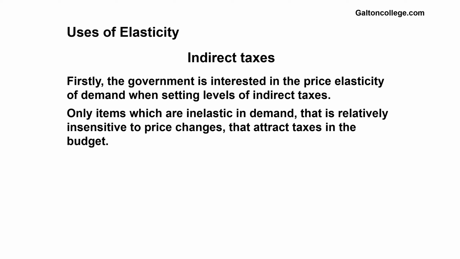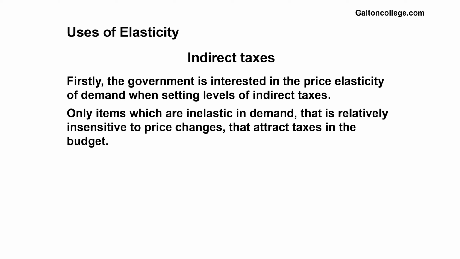Only items which are inelastic in demand, that is relatively insensitive to price changes, attract taxes in the budget. The government does not just impose a tax on some frivolous item, some piece of confectionery that very few people buy, because nobody cares about that. It's just not important to us.